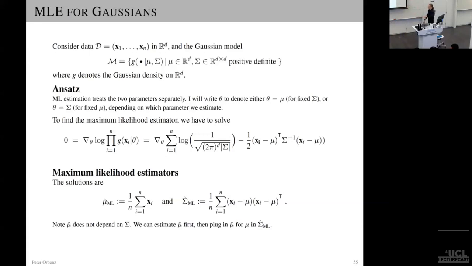The result of this coincidence, if you will, between the sample average and the maximum likelihood estimator is that the terminology, especially in machine learning, sometimes confuses the two. You will see something that in context is really a sample mean, and people refer to it as the maximum likelihood estimator.